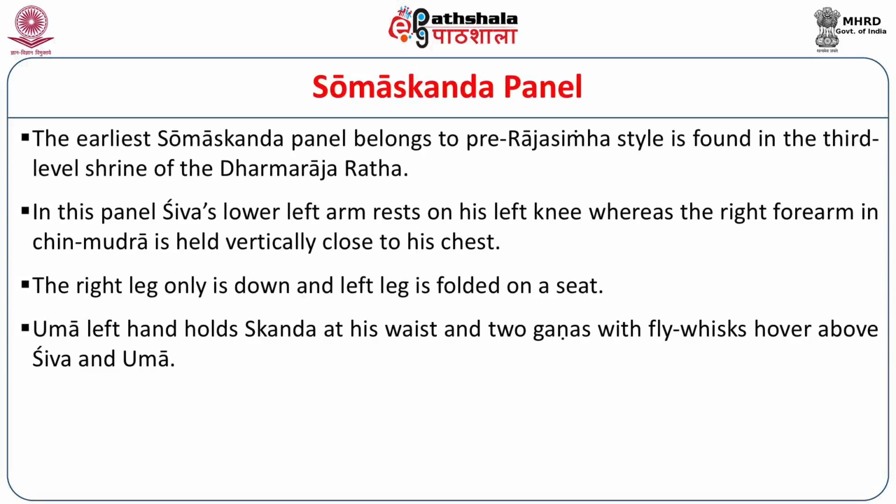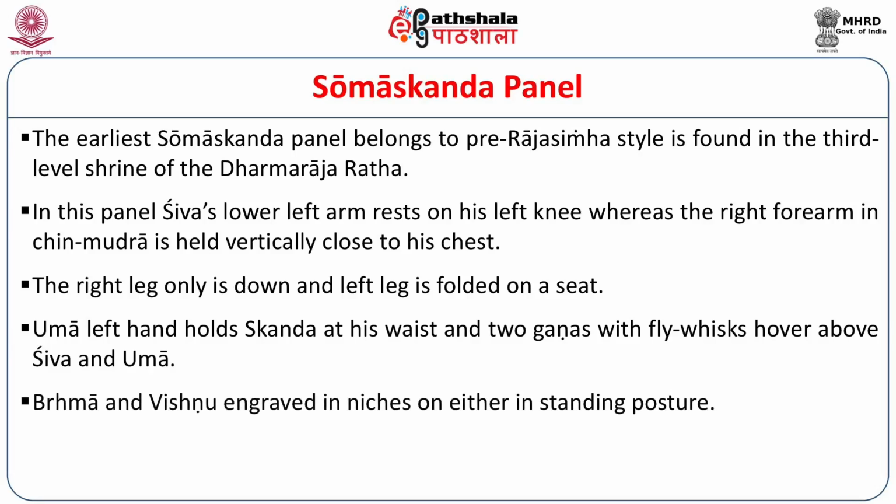This is the only difference between the early and the later Somaskanda panels. Uma on the left holds Skanda at her waist, and two Ganas with fly whisks hover above Shiva and Uma. Brahma and Vishnu are engraved in niches on either side of these standing postures.